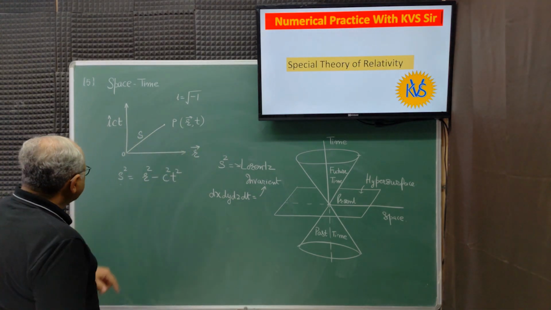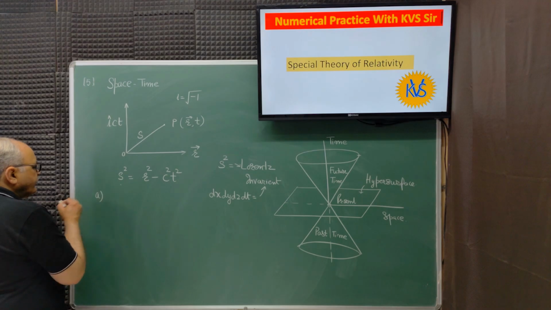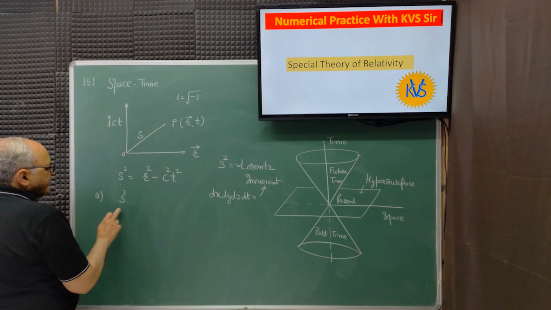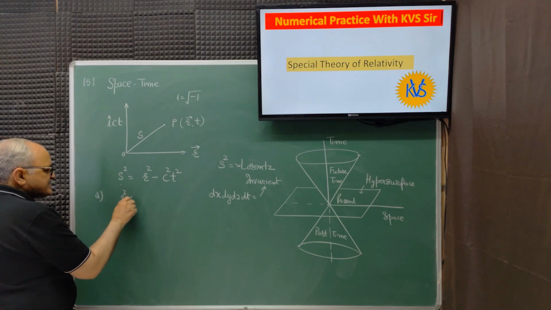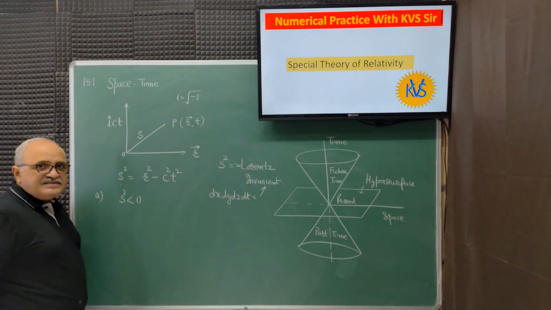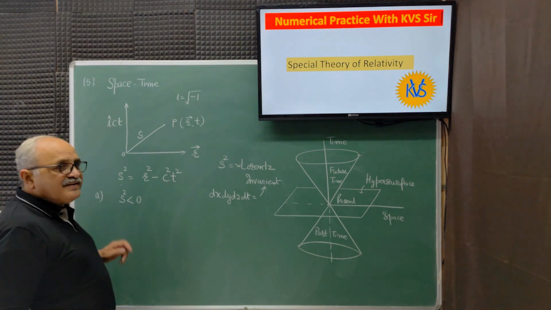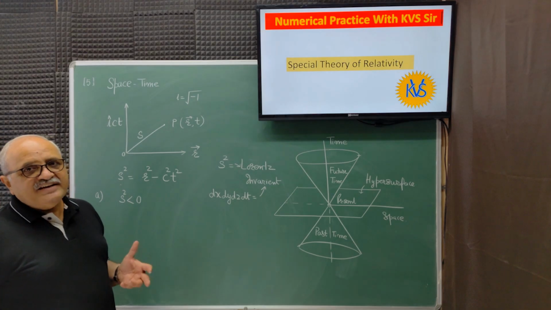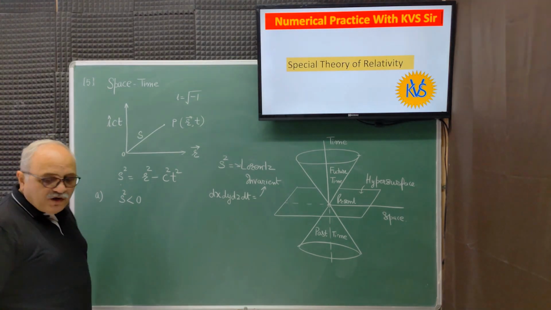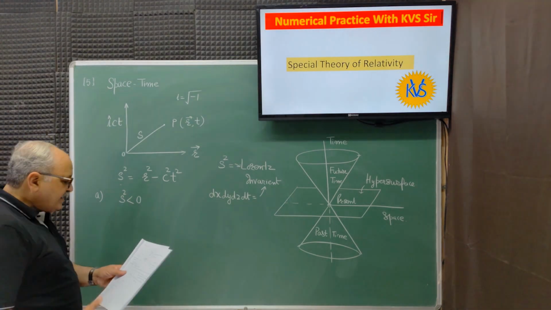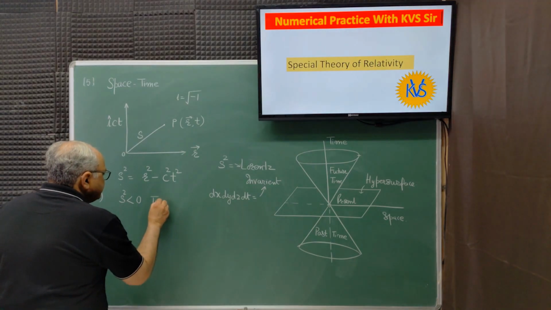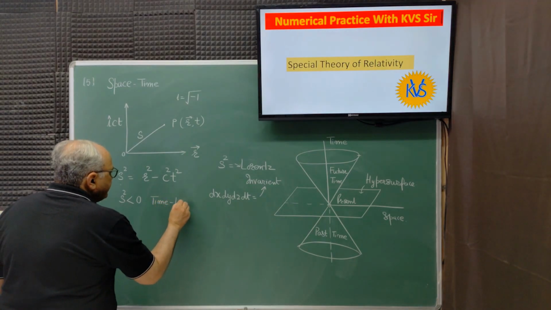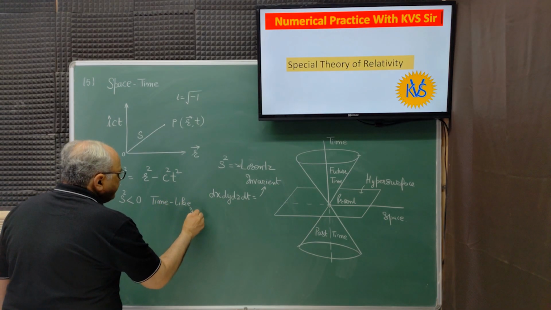But there are certain conditions to remember. If you find that s square is less than 0, that means s is imaginary, we call it a time-like interval.